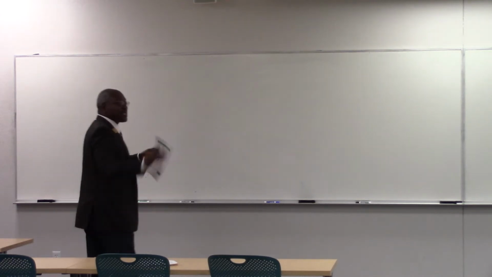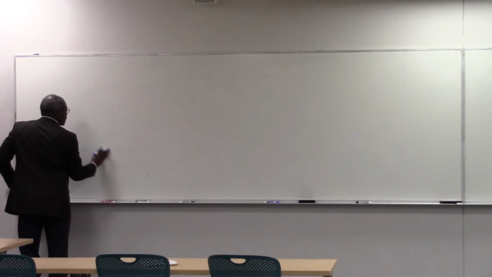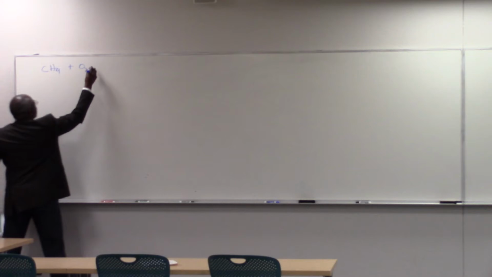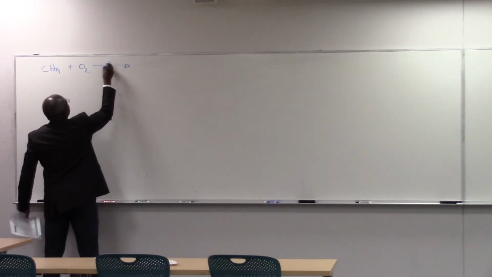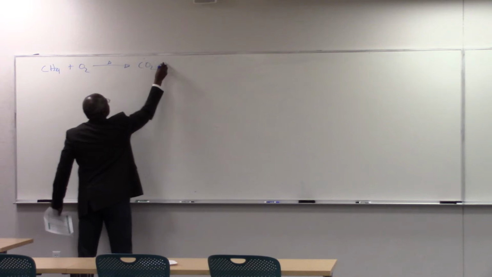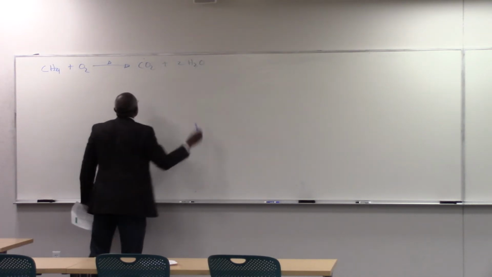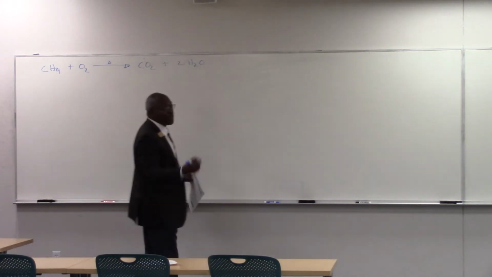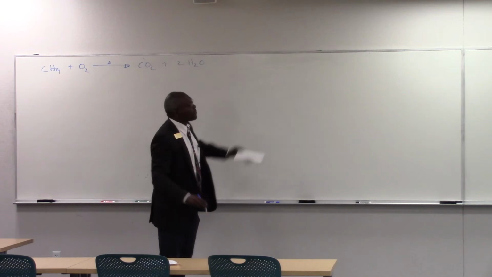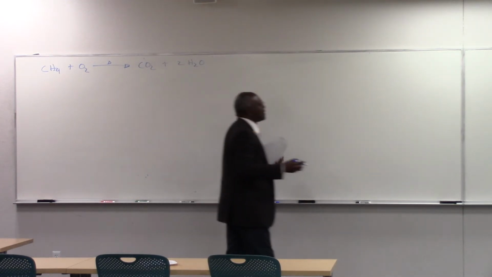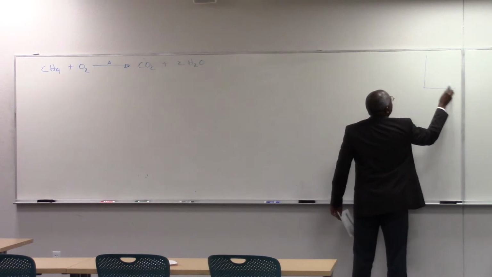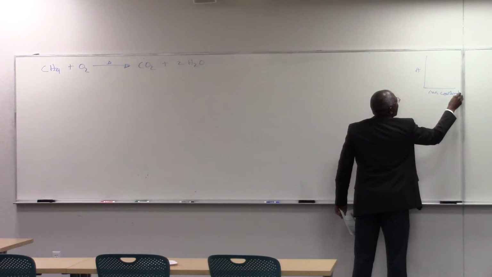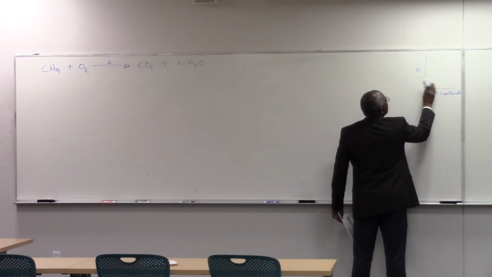Okay? So let's imagine, if you recall, the very first thing that we asked is what is the delta H of the reaction for the burning of methane to give carbon dioxide plus water. So in order for us to do that, and we know, for example, the reaction is an exotherm, but we're going to work it out, I have to have in my mind what it is that is happening. So again, we are going to divide the process into two parts.